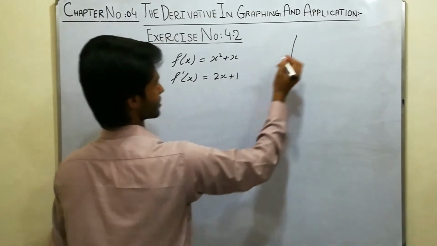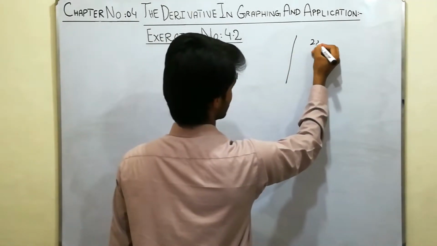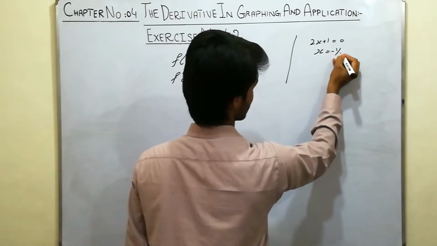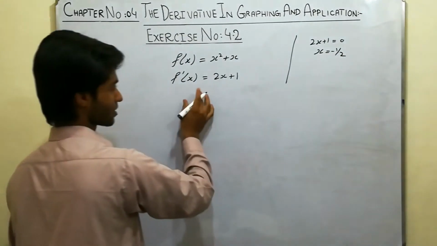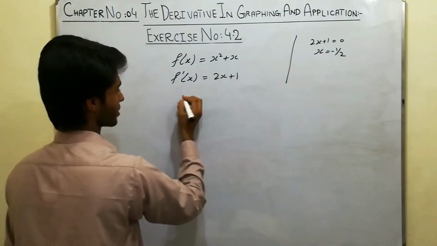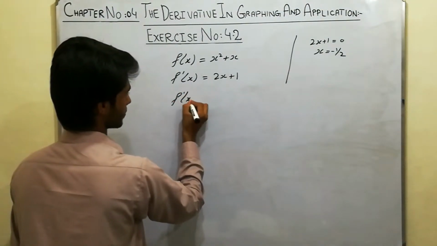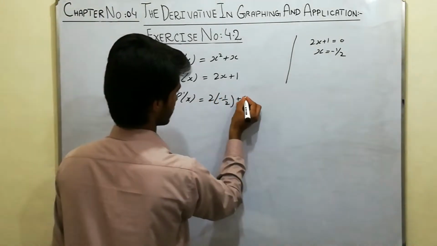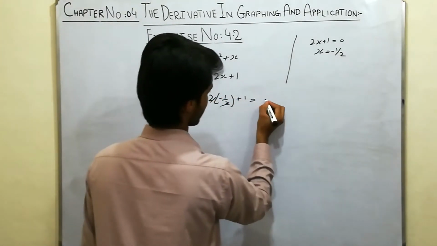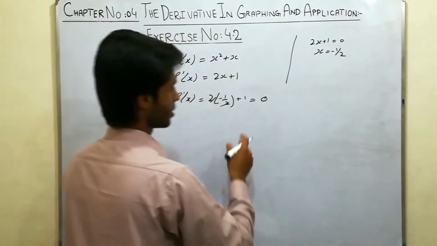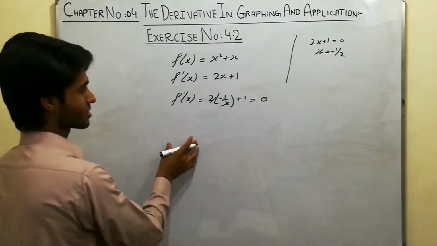Put f derivative x is equal to 0, x is equal to minus 1 by 2. So this is a first derivative test. If I put that point in this function, f derivative x is equal to 0, so x is equal to minus 1 by 2 is a stationary point. This is the first derivative test.